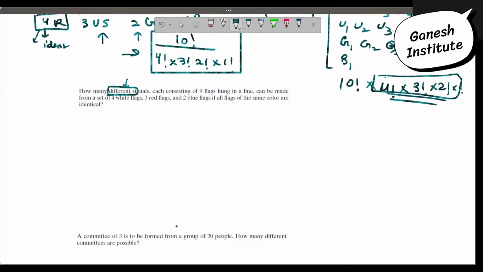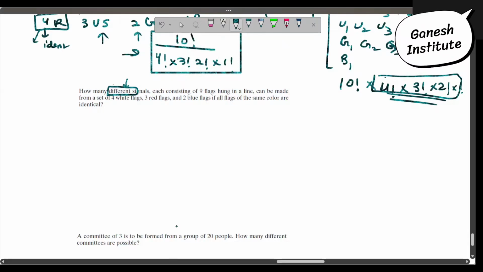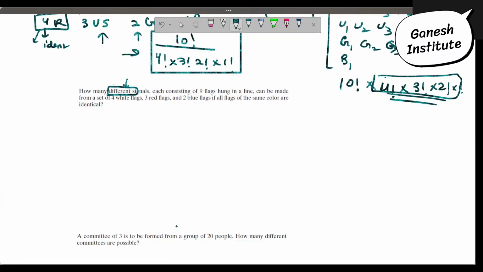What will you do? 9 flags. 9 factorial by 4 factorial into 3 factorial, 2 factorial.